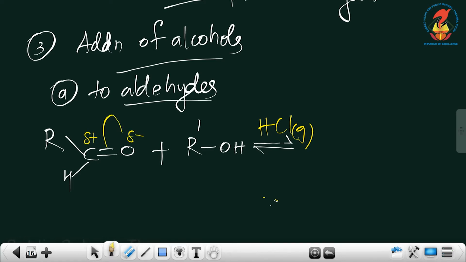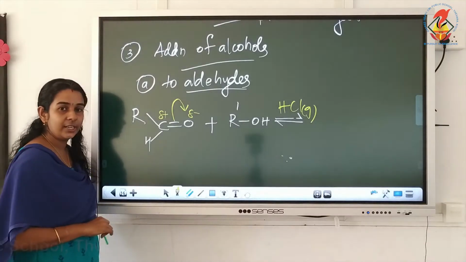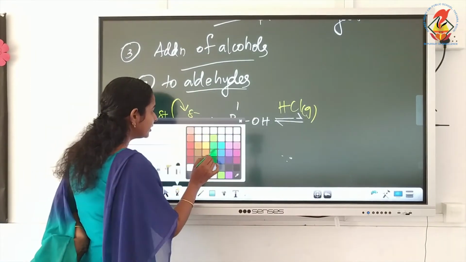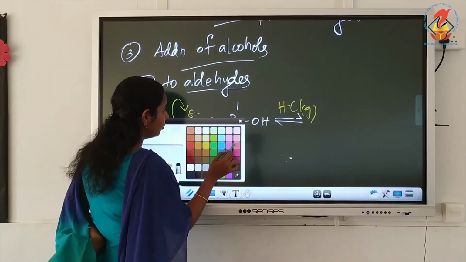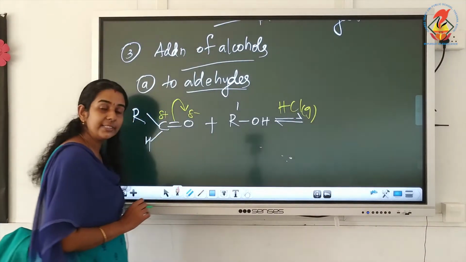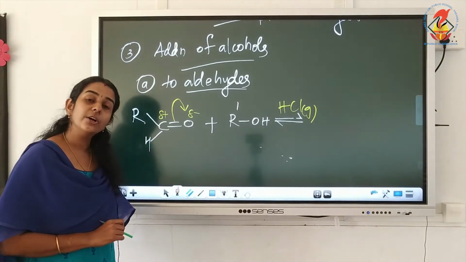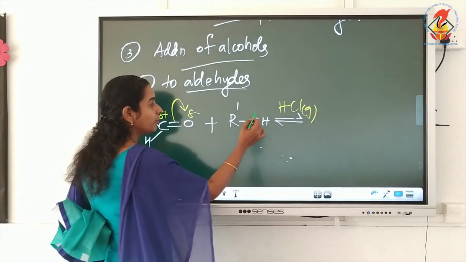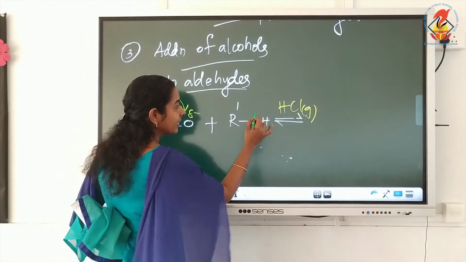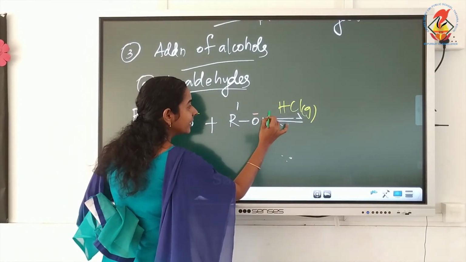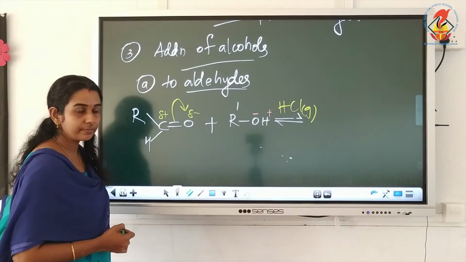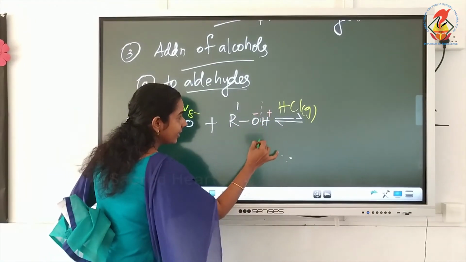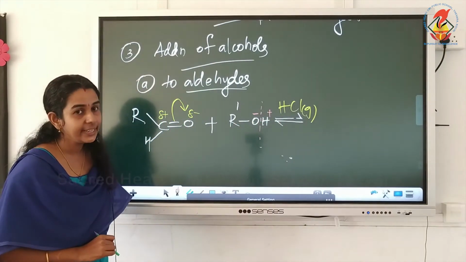The double bond will always be shifting towards oxygen. And tell me, how is the polarization of an alcohol? You have already studied in the previous chapter. Alcohols and phenols are acidic in nature. So, it will be ionizing as RO minus and H plus.